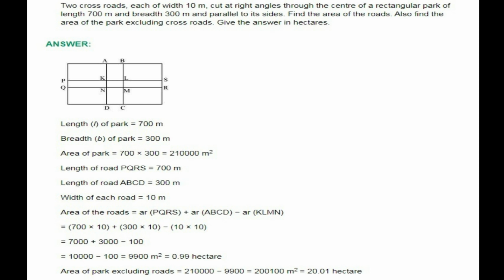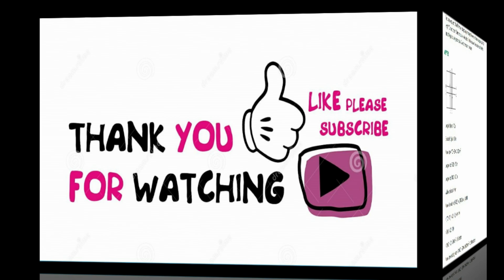If we subtract the area of the roads from the total area of the park, we will get the area of the park excluding the roads. So we subtract 9900 from 210,000 meter square, and we get 200,100 meter square, and if we convert to hectare, that is 20.01 hectare. So that's all for today.